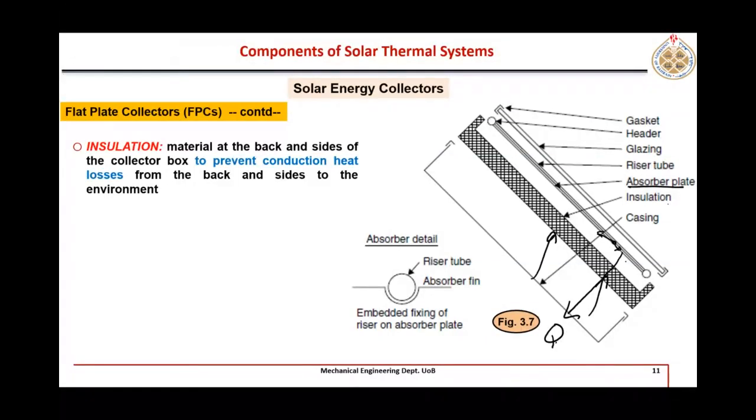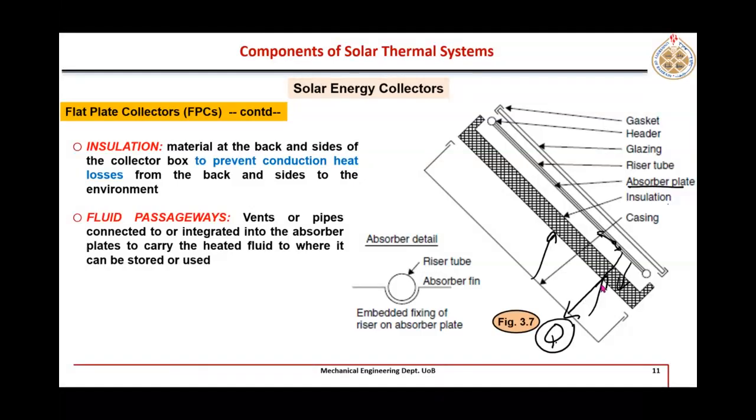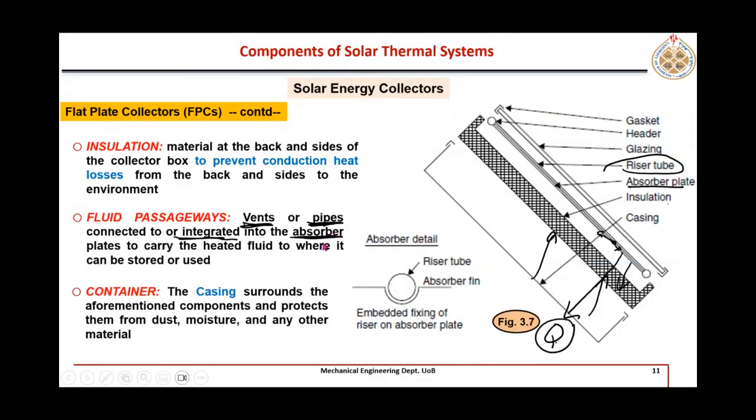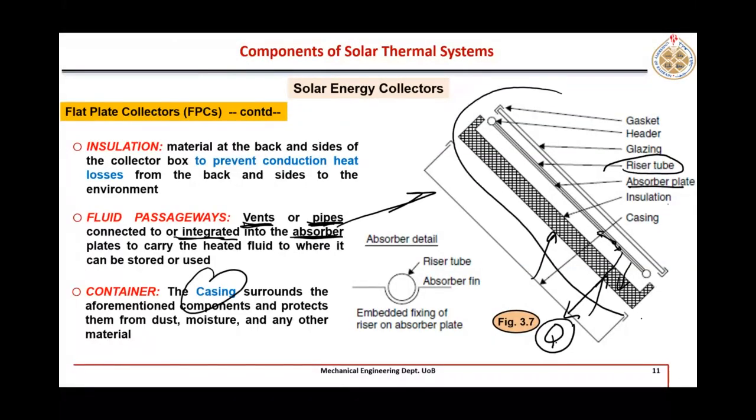One of the losses would be from the bottom side of that plate. So to prevent it, we use insulation. Then those are the riser tubes, which are pipes welded or bonded to the absorber plate. And in those pipes, the fluid which we want to heat up is flowing, right? Here is the casing, the outer casing in which the entire structure is housed, right?